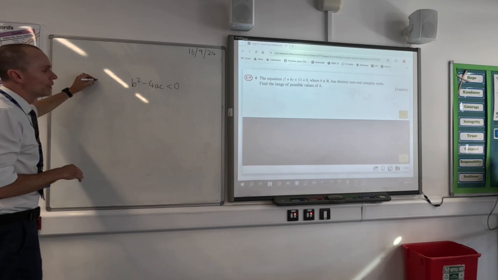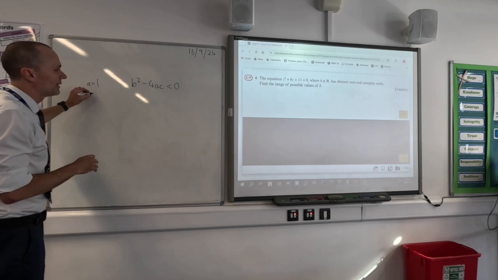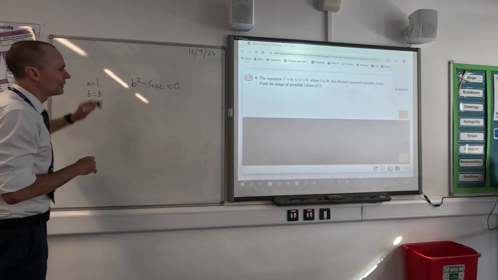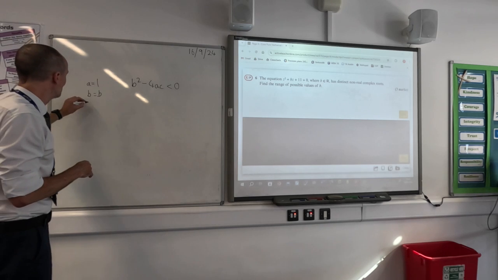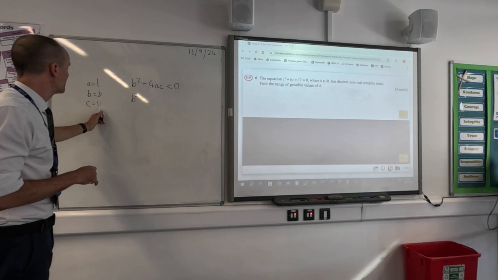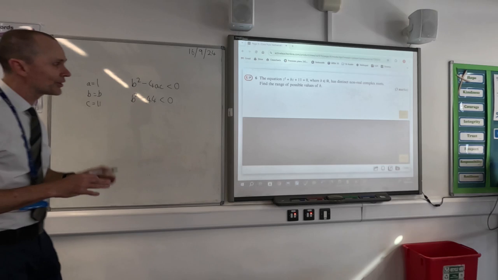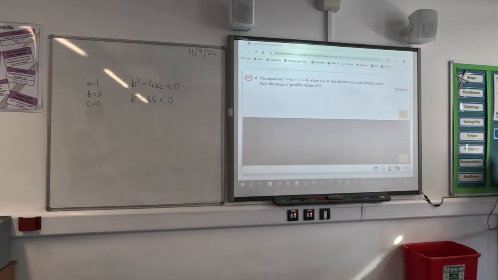In this equation, we had 1z squared, b was b, and c was 11. So b squared minus 4 times 1 times 11. And so the answer to the question is the solution to that.